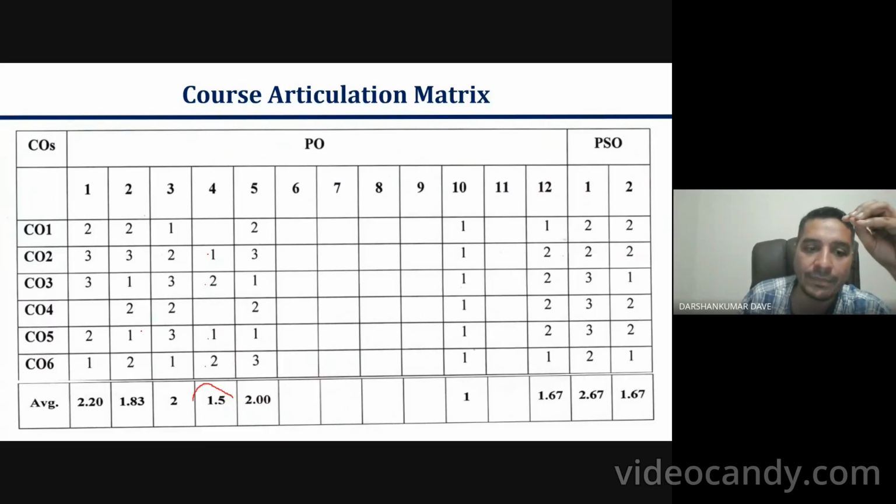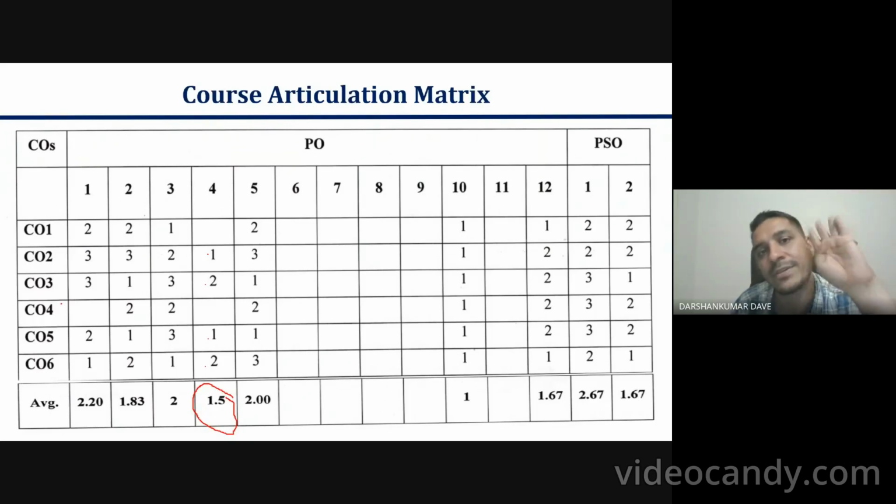This is how it is obtained. Instead of dividing by 6, the number of course outcomes, you should divide by 4 because there are 4 observations. That is the standard average or standard mean that is taken. This is clear?